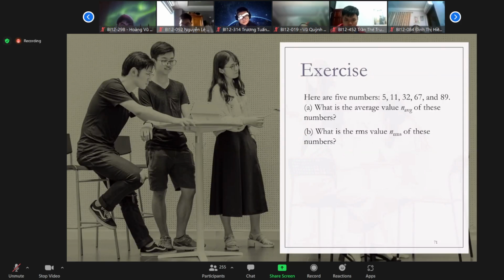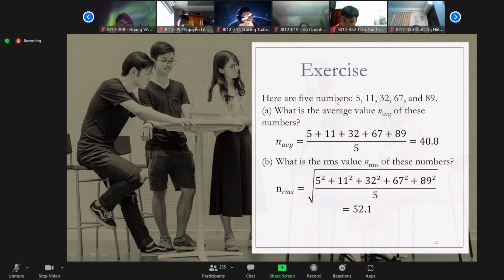To differentiate between a normal average value and the root mean square value, we can solve this exercise. Here we have 5 numbers, okay? Let's say the normal average value is this one, right? So the total of all the values divided by the quantity of the values.